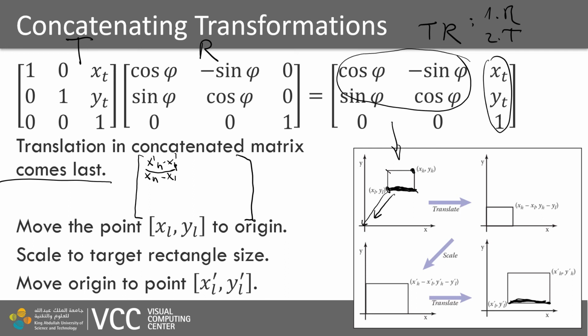And this holds also for the y coordinate. So Y prime H minus Y prime L divided by YH minus YL is also the scaling factor which changes this side to be this long. So this is great.